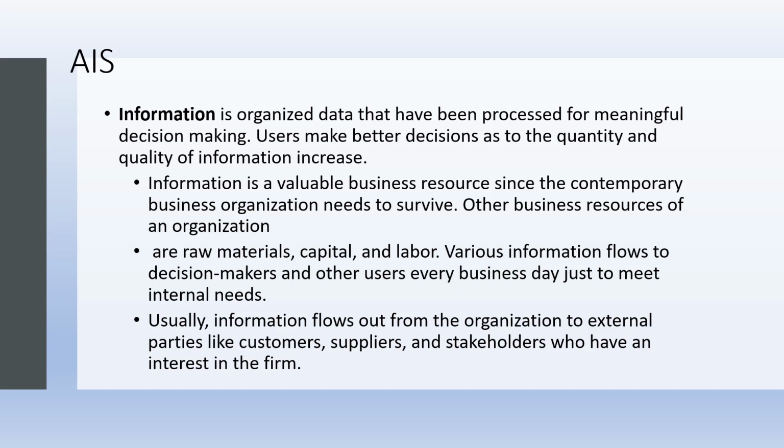So through the information, users can make better decisions as the quantity and the quality of information increase. However, there are limits to the amount of information the human mind can absorb and process. A reason why we need accounting information system is because this is capable of processing multiple or various data.